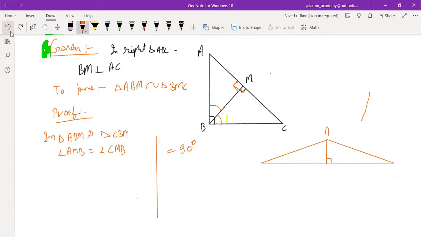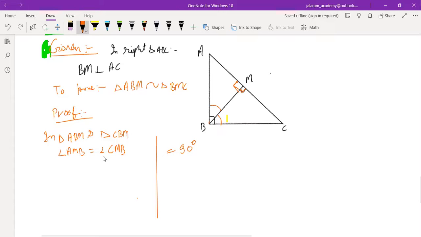So what should we do then? We have to search for other angles. After searching for one of the angles, if this is one of the angles ABM, try to prove it equal to any other angle of triangle BMC. As we have to prove that triangle AMB is similar to triangle BMC, it must be equal. So try to prove the angles first of all.